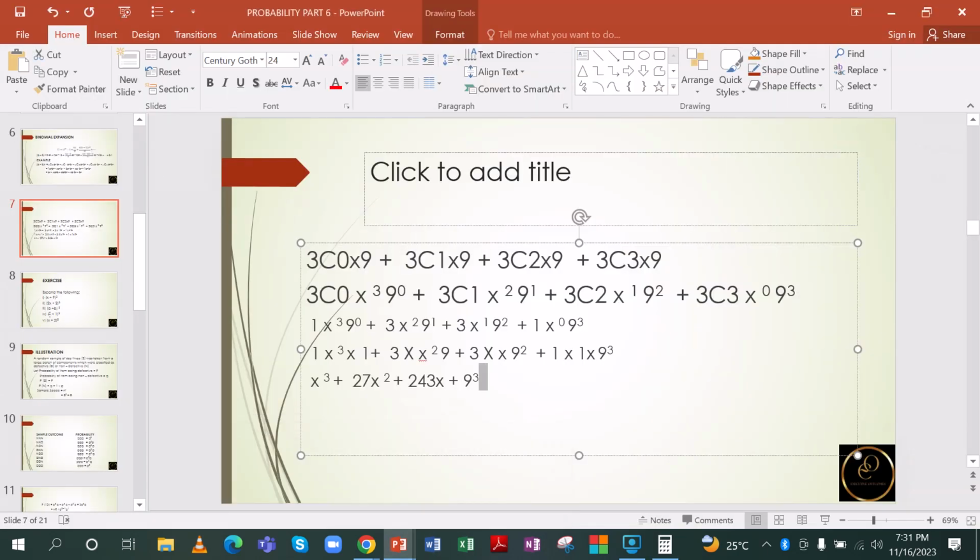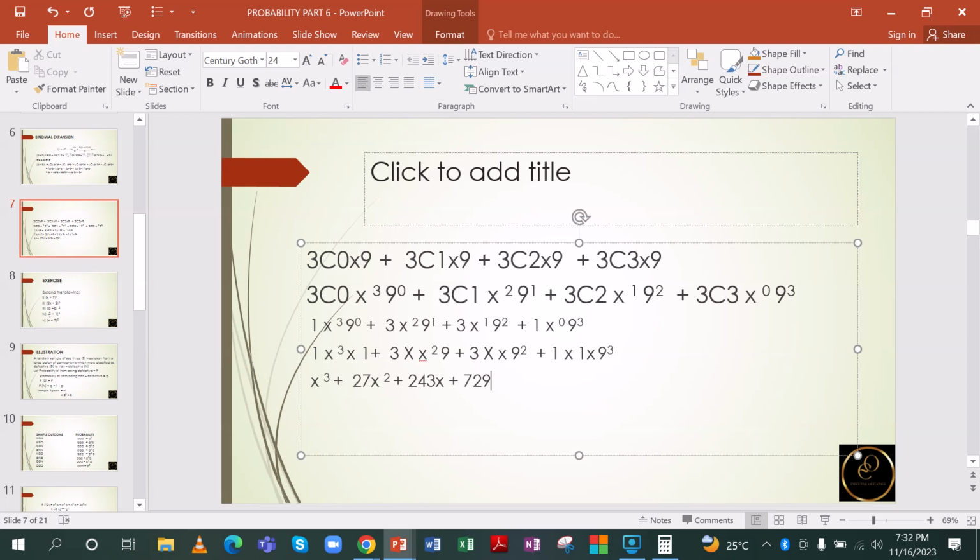This one will all reduce to 729. So that's what we have.